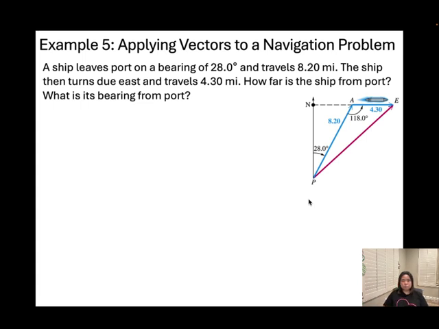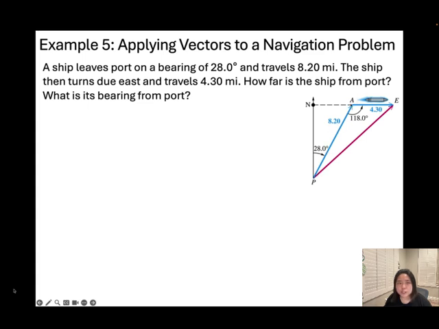Example 5. A ship leaves port on a bearing of 28 degrees and travels 8.20 miles. So talking about a ship here, starting from here, the bearing from the north to here is 28 degrees and it travels 8.20 miles.